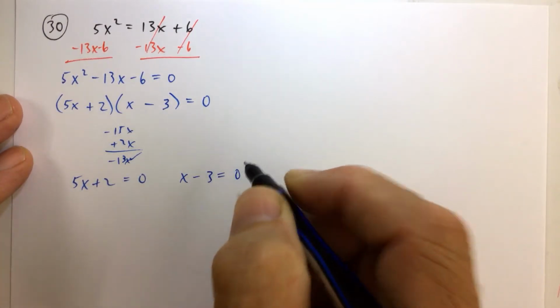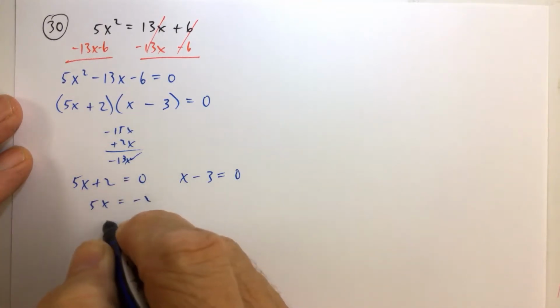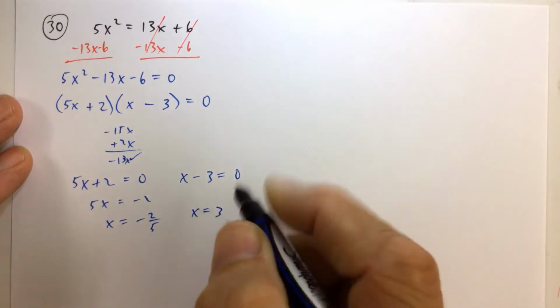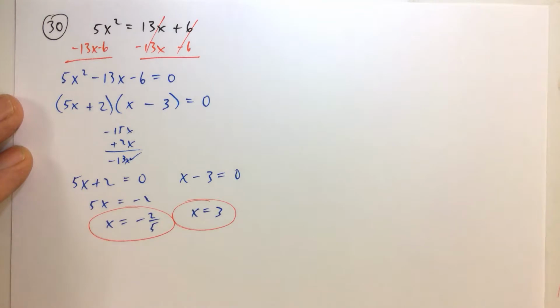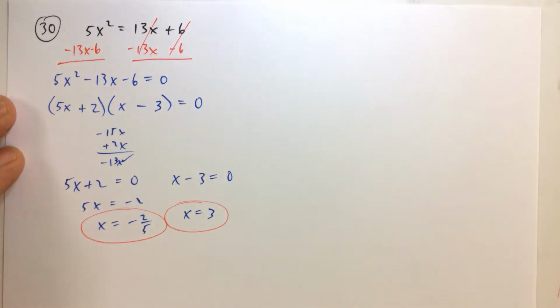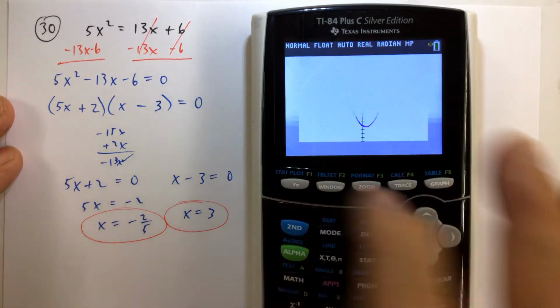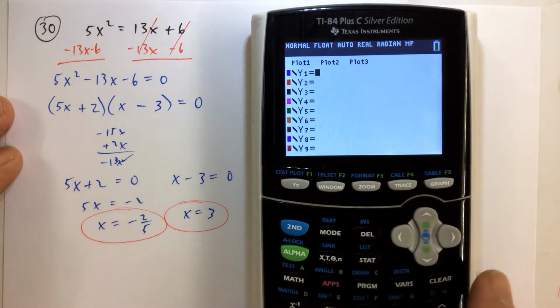Once we find those factors, we set the factors equal to 0, and we solve for x, and we get x equals negative 2/5, and over here we get x is equal to 3. So probably the most difficult part of that whole thing is factoring the left side, but please know how to factor a trinomial that has a leading coefficient other than 1. That's a big deal.